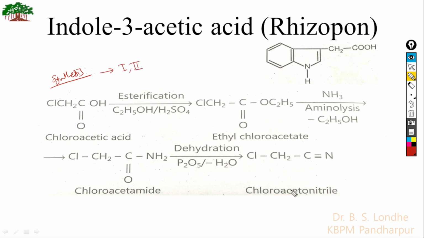In the first step, chloroacetonitrile is prepared and it is used in the second step to form indole 3 acetic acid. So let us see the first step in detail. Step number 1.